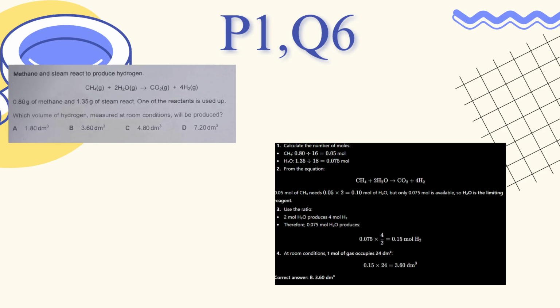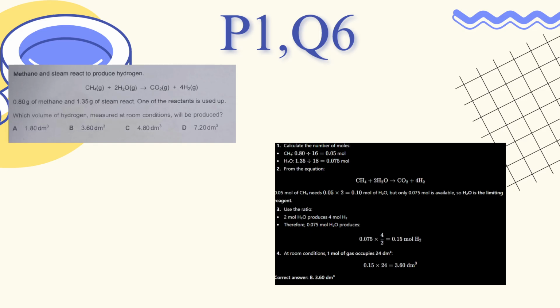H2O is the limiting reagent, and then we use the ratio: 2 moles of water produce 4 moles of H2, so 0.075 mole of water produces 0.15 mole of hydrogen.